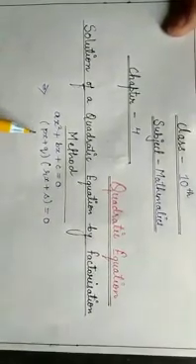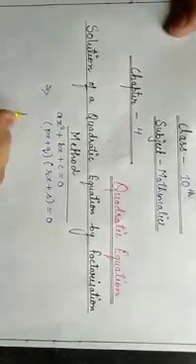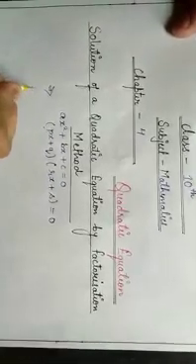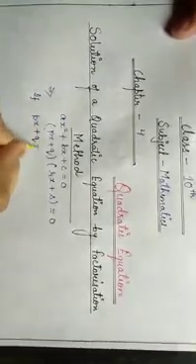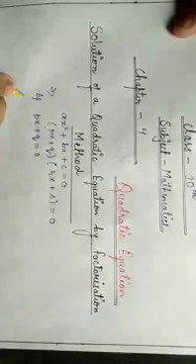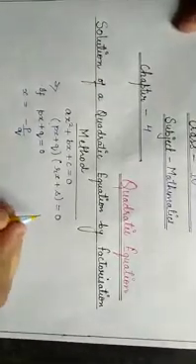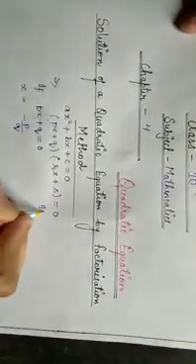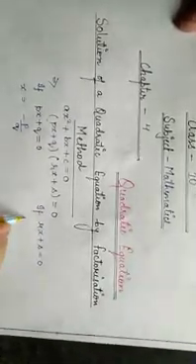Now I take the first linear expression and equate it with 0. If px plus q is equal to 0, then we get x is equal to minus q upon p, which is the first solution. Similarly, find the second one: if we take rx plus s is equal to 0, then x is minus s upon r. This is the second solution.